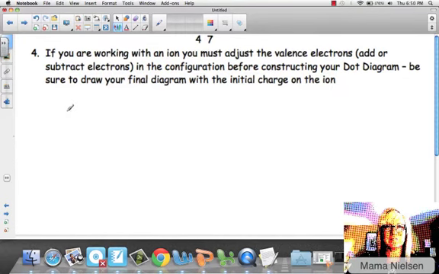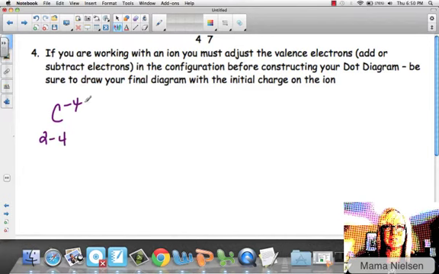So, for example, if I have carbon minus 4, if I look at carbon's electron configuration, it says 2, 4.